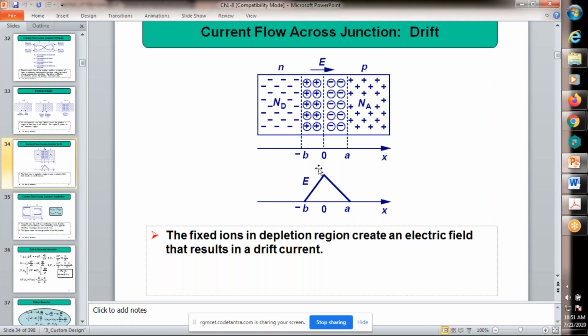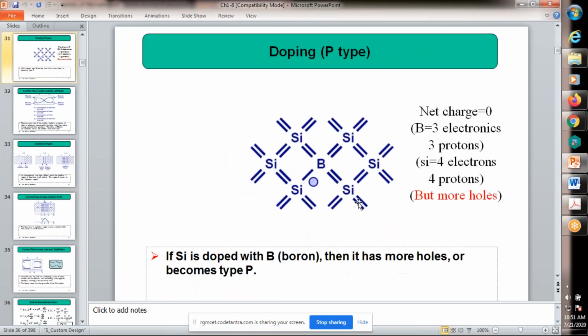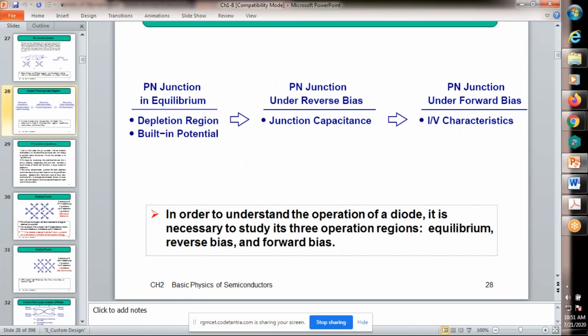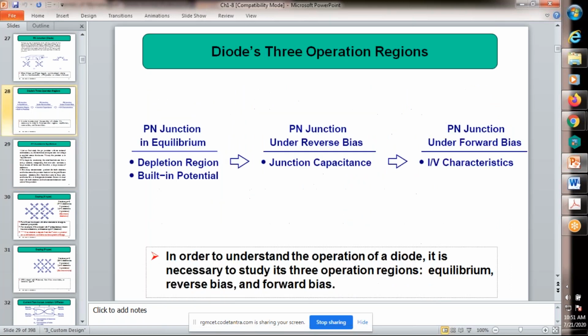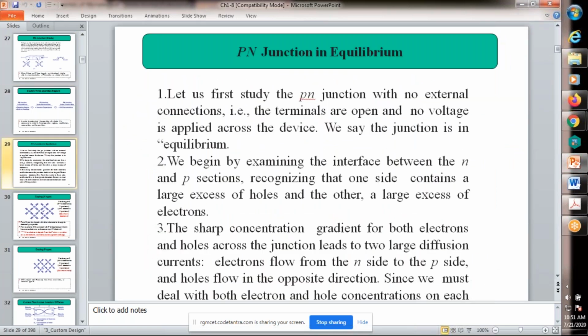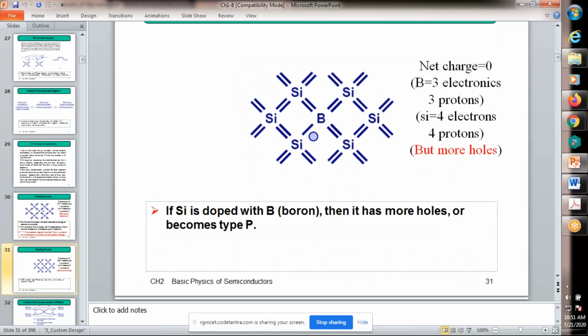Then we can easily understand how much voltage will stop the diffusion current from P side to N side, and similarly N side to P side. That is next class. Today's class is very important to understand the basic concept of the PN junction. If anybody is absent, try to attend the next class also, it is compulsory, because next class we derive the expression for the built-in potential.